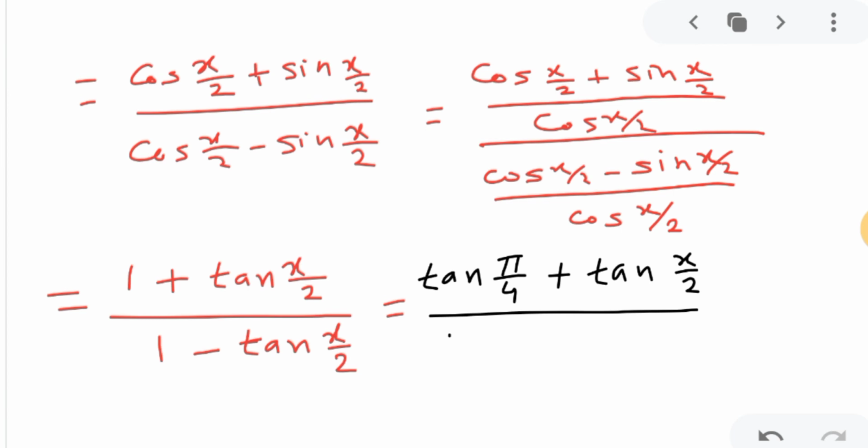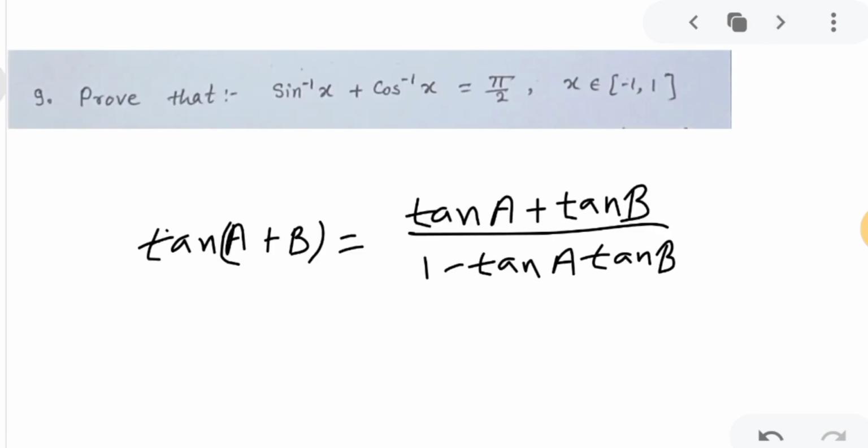So we'll write 1 minus, and tan x upon 2 is nothing but 1 into tan x upon 2, because if I multiply by 1, nothing will change. So 1 I can write as tan pi upon 4, so this becomes tan pi upon 4 into tan x upon 2, and by doing this I can use this formula now.